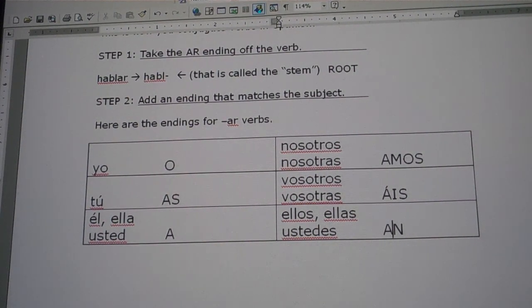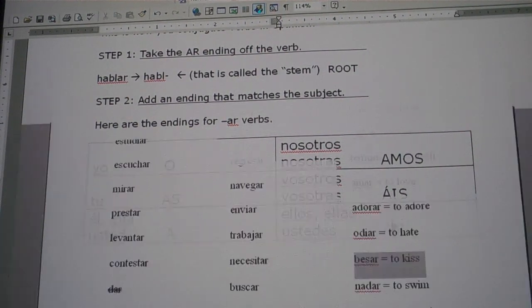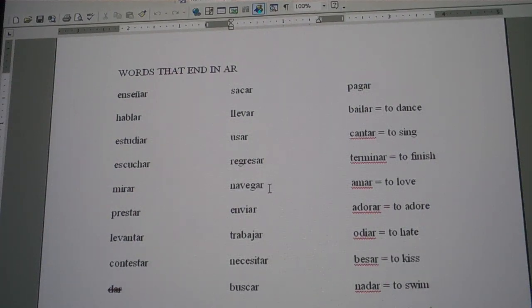Let's do a couple of examples with ustedes and ellos. How would you say "they surf," as in to surf the web, right here? They. Ellos navegan. Very good. I hear a couple of you guys saying it. They study.